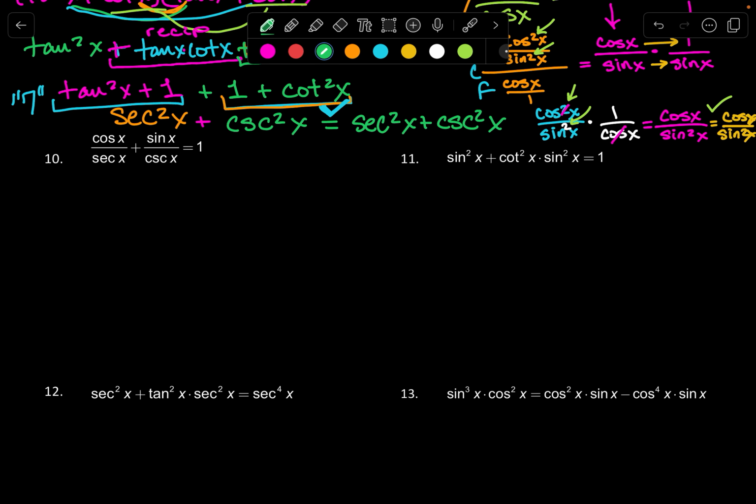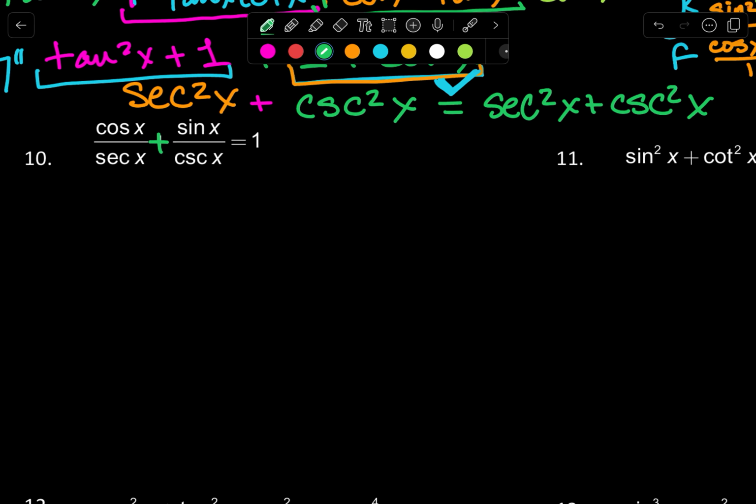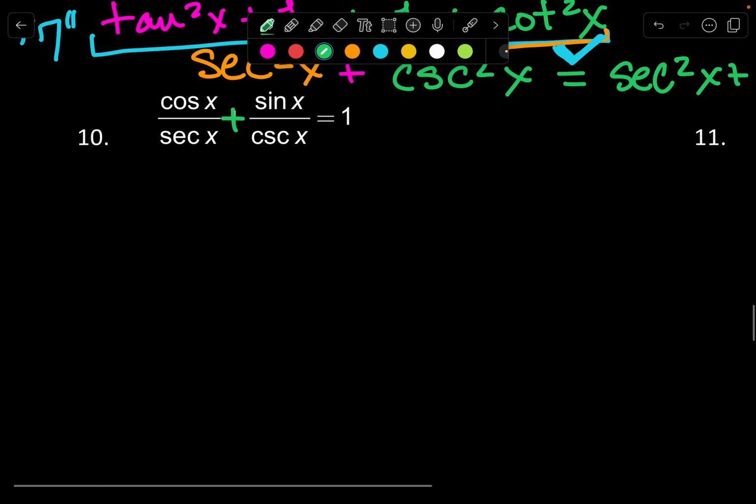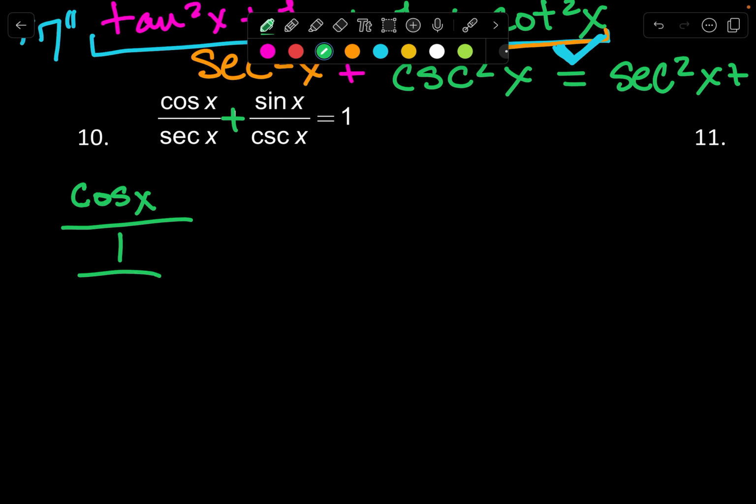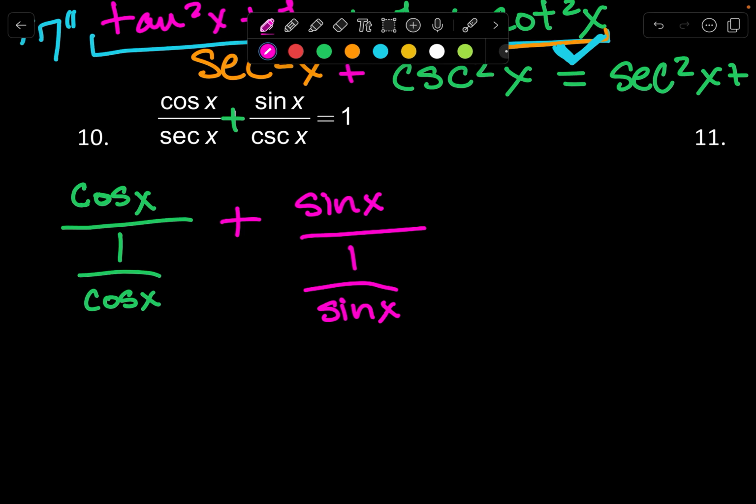These two fractions are being added, so I want to start by writing them in terms of sine and cosine. So secant is the reciprocal, and then I'm going to add that to sine, and then I've got cosecant, which is 1 over sine x.